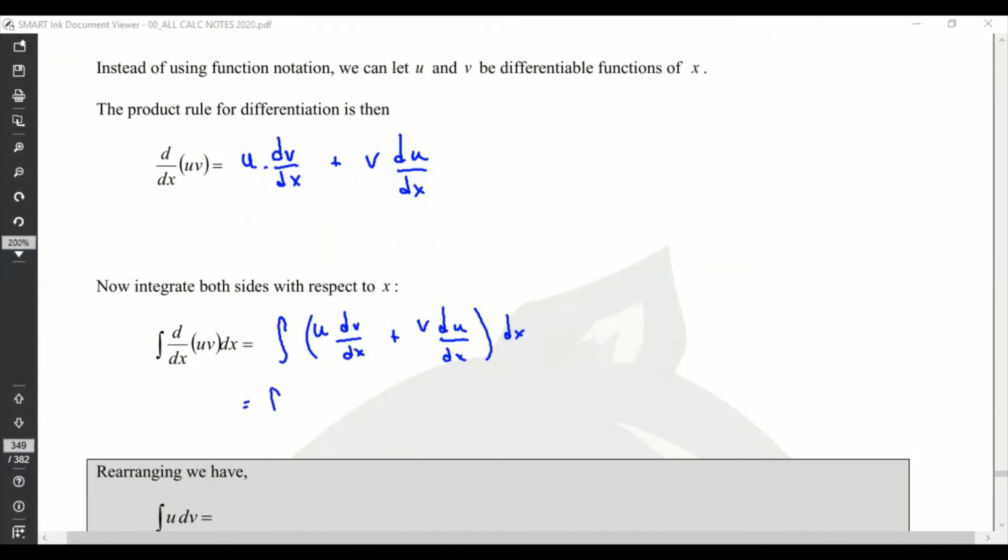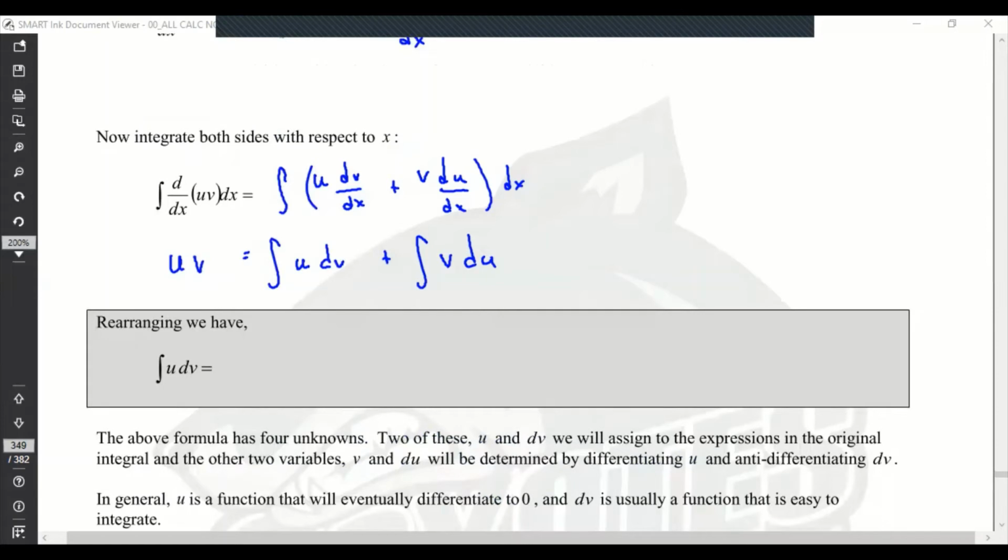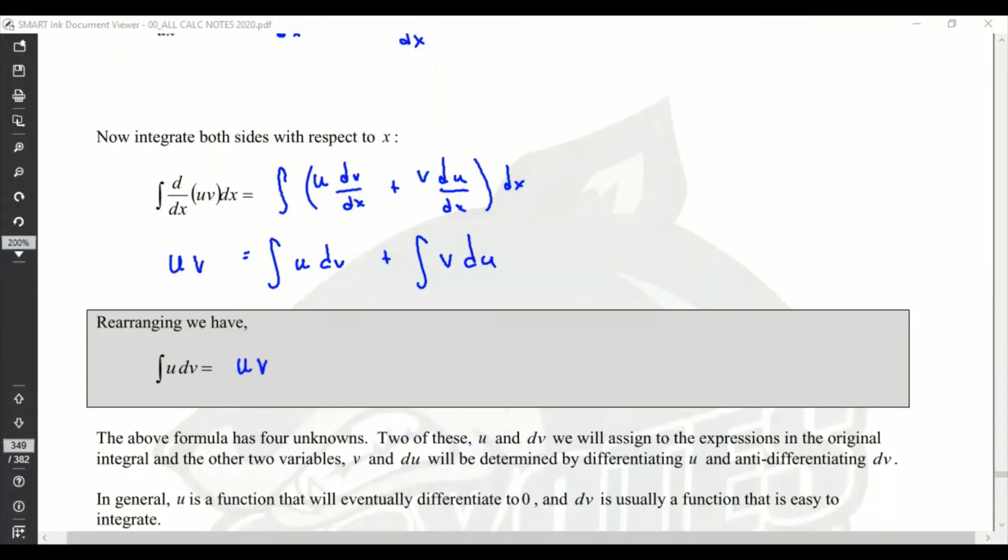This ends up being equal to the fact that uv is equal to the integral of u dv plus the integral of v du. And then rearranging this, so this is exactly what we did up above. Rearranging this, the integral of u dv will equal uv minus the integral of v du.